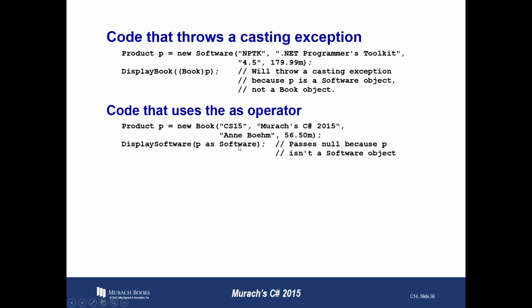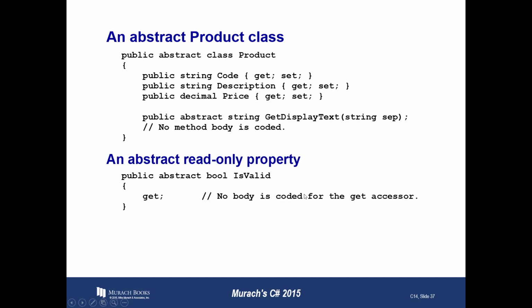Now when you do this, for lack of better words, it's going to fail, but it'll pass null because it fails the test, because it's a software object, not a book object. All right.